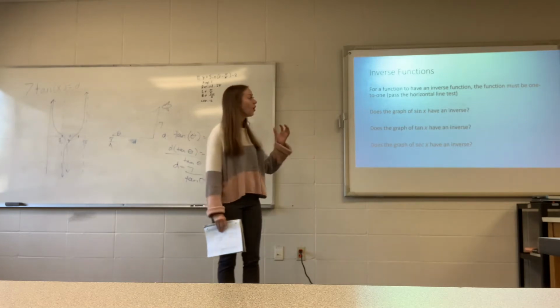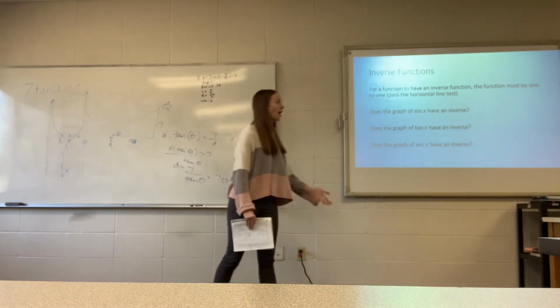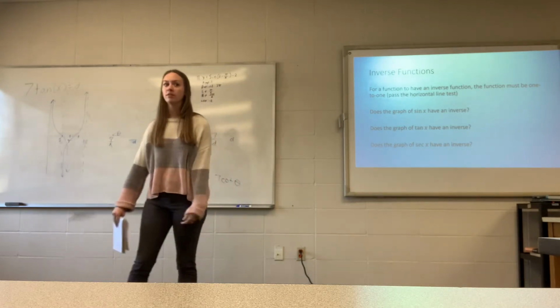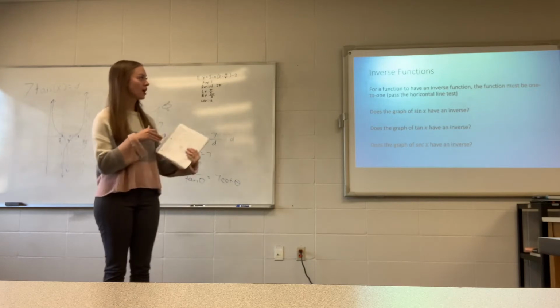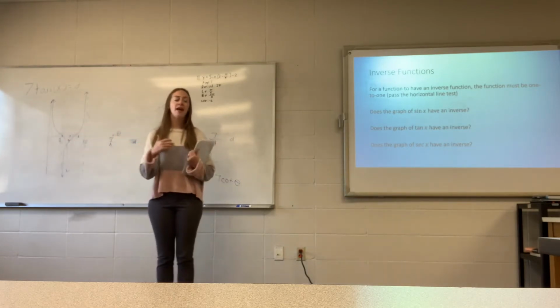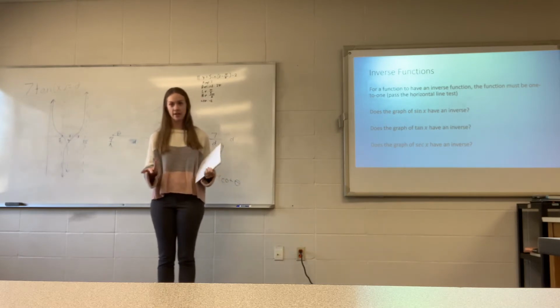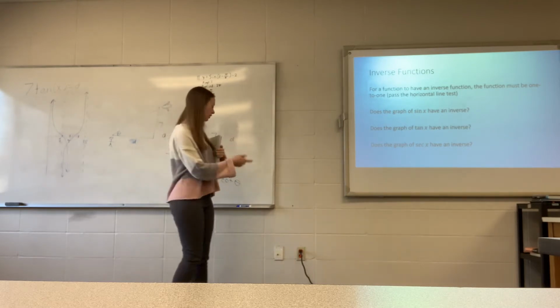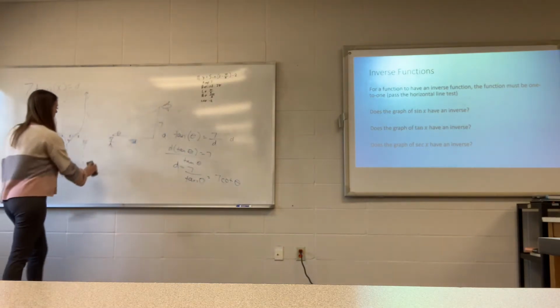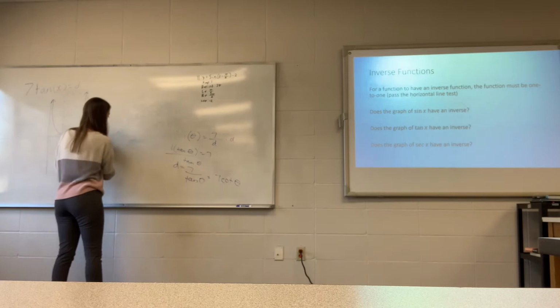So first of all, let's think about our normal graphs and what we know about inverses. When we talked about inverses back in the last chapter, we said that in order for a function to have an inverse, it has to pass the horizontal line test.